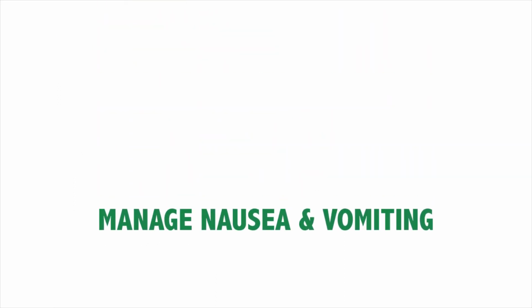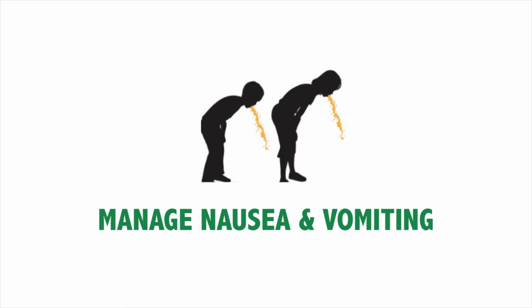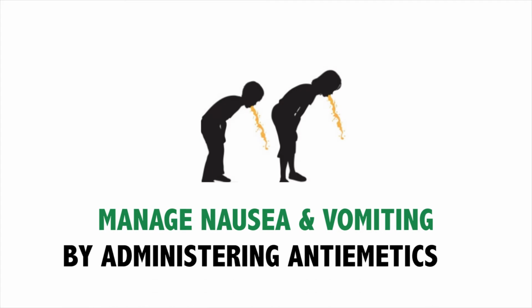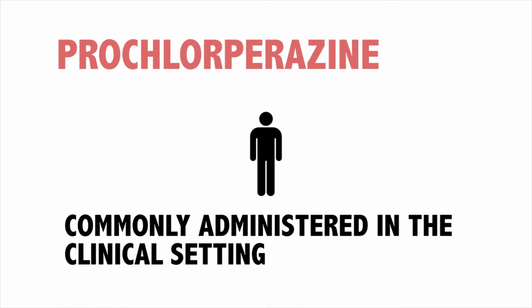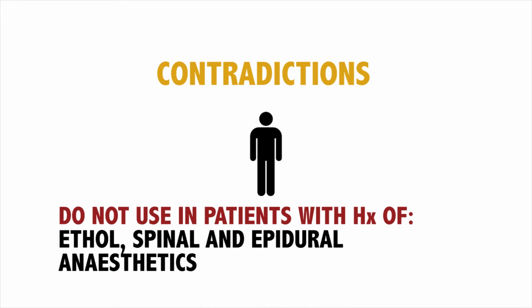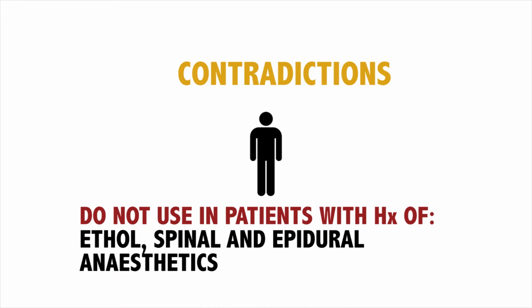In the case of Alistair, it is important for us to manage nausea and vomiting, and antiemetic drugs are used in managing nausea and vomiting, which reduce the hyperactivity of the vomiting reflex. Prochlorperazine is usually used in the clinical setting. Some contraindications are not to use in patients with a history of alcohol, spinal and epidural anesthetics.